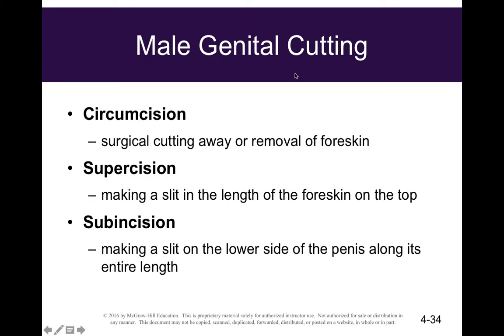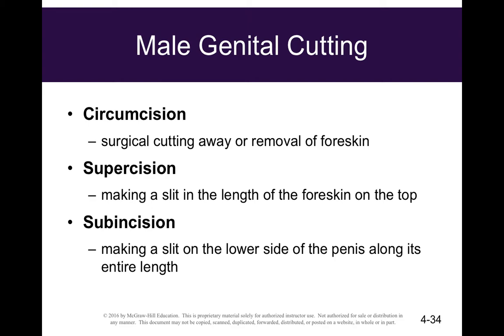So what's male genital cutting? We talked about female genital cutting. We often don't refer to circumcision as being male genital cutting, but it is one type of male genital cutting. In circumcision, there's a surgical cutting away or removal of the foreskin on the penis. Supercision occurs when they make a slit in the length of the foreskin on the top of the penis.